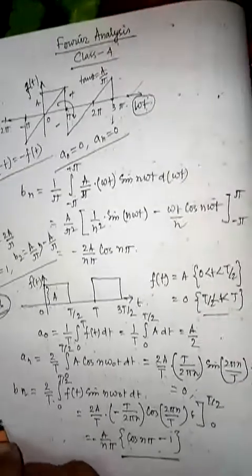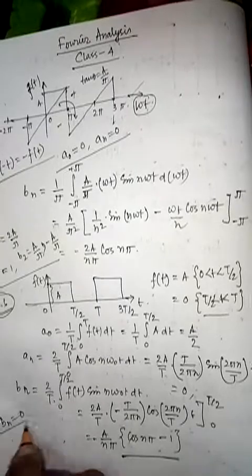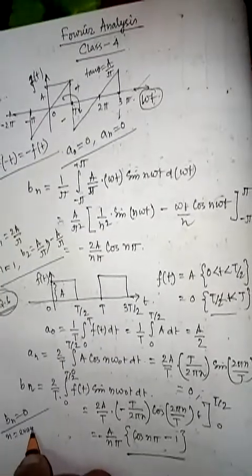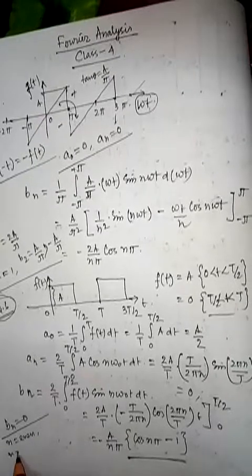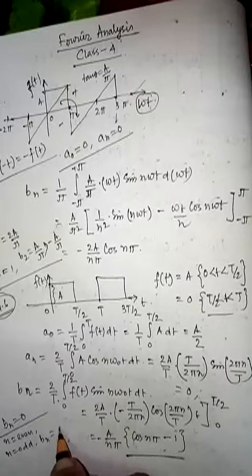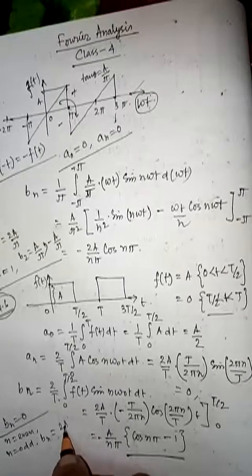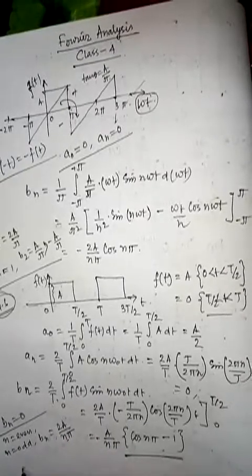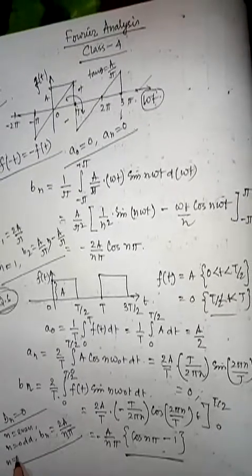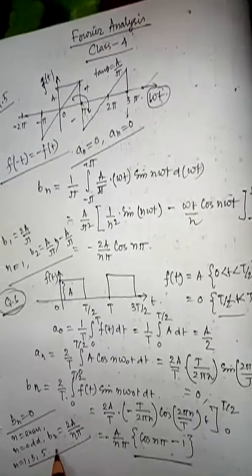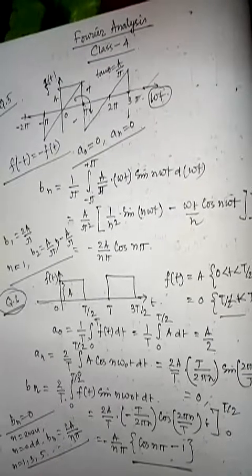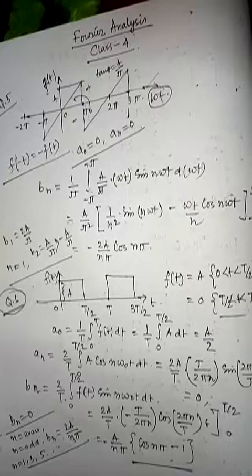So for n even, bn equals 0. For n odd, bn equals 2A by n pi. So you have to pick the odd n, so n equals 1, 3, 5. You have to write 2A by pi, 2A by 3 pi, 2A by 5 pi in this way, and you have to construct that entire series.